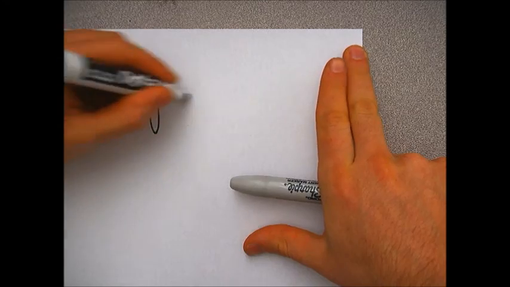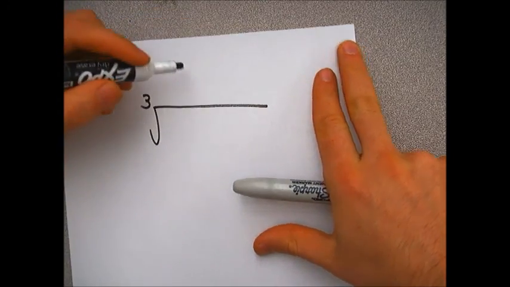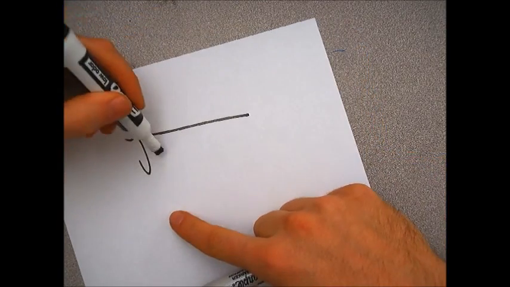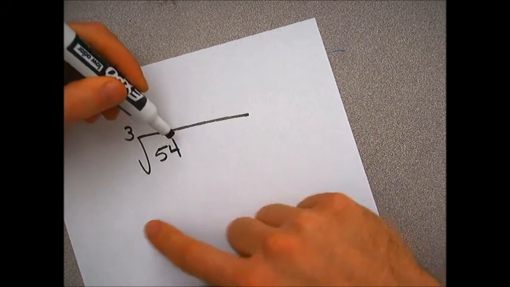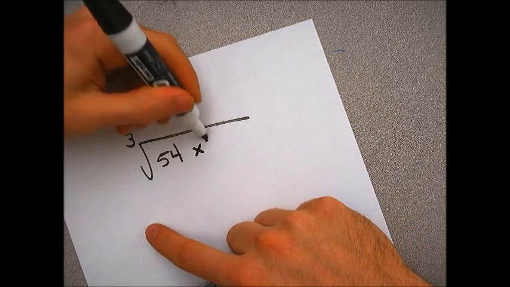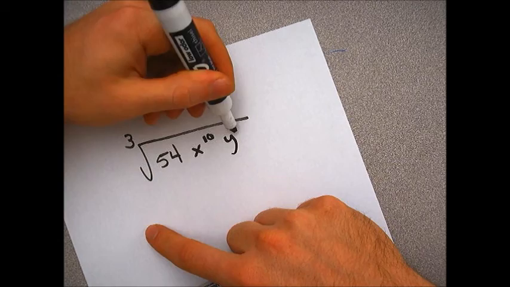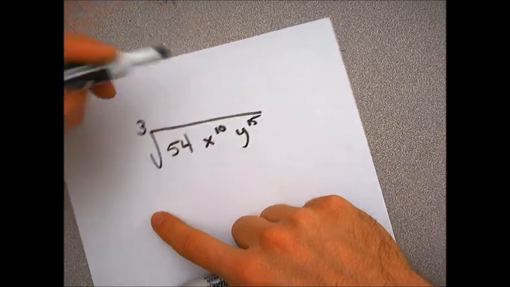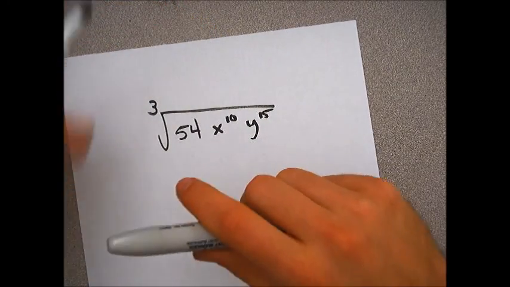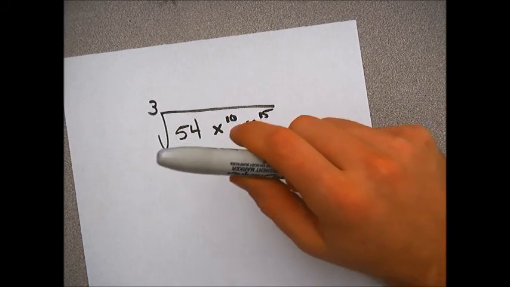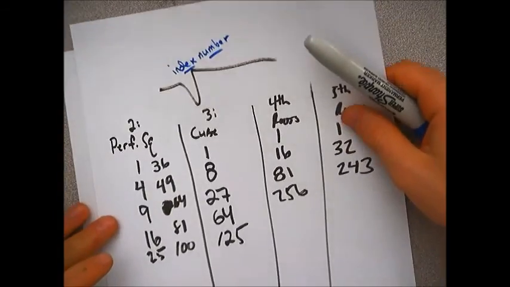Okay, let's do one with a cube root. So say we have the cube root of 54x to the 10th y to the 15th. Cube root, so go back to your perfect cube list. Here's our list right here.